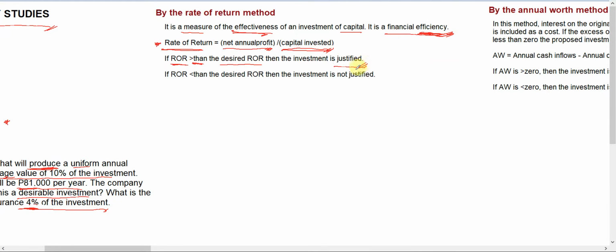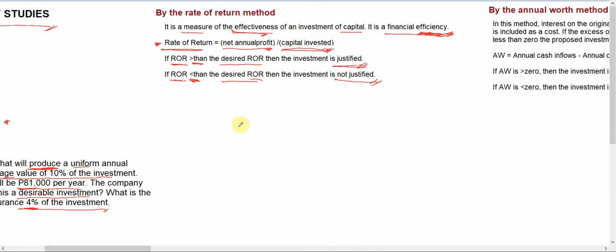So, meaning, pwede mo ituloy yan. Profitable yan. Okay? Pero kung yung rate of return na na-solve natin is less than the desired rate of return, then the investment is not justified. Meaning, mas mababa dun sa desired natin. So, ayaw natin, kasi hindi yun sapat na kitaan nung isang business.